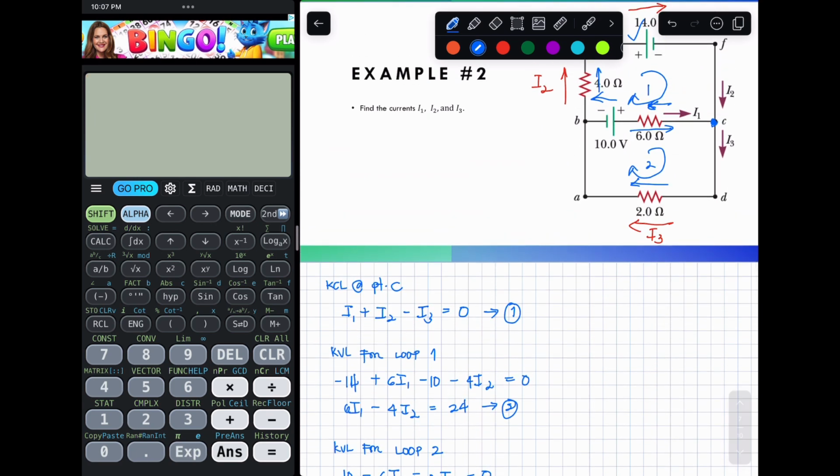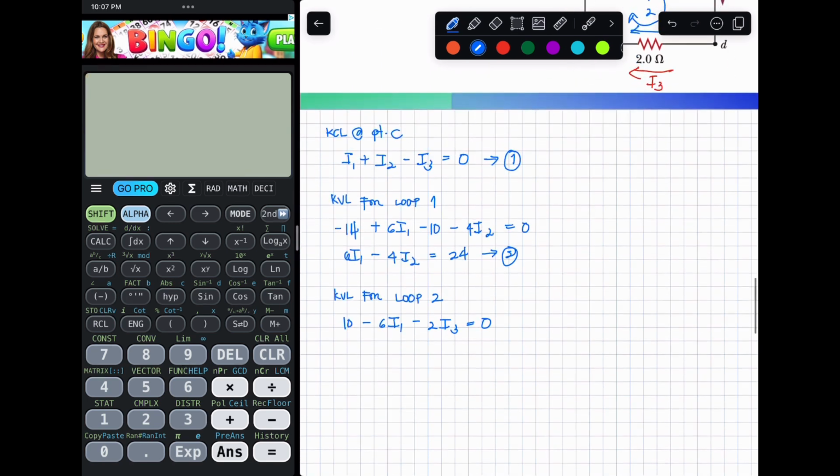So we have positive 10, then minus 6I1, and then minus 2I3, which is equal to 0. I could rearrange this: negative 6I1 and minus 2I3 is equal to negative 10. That would be equation number 3.